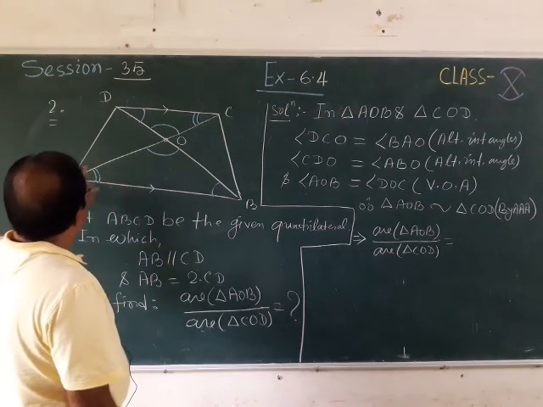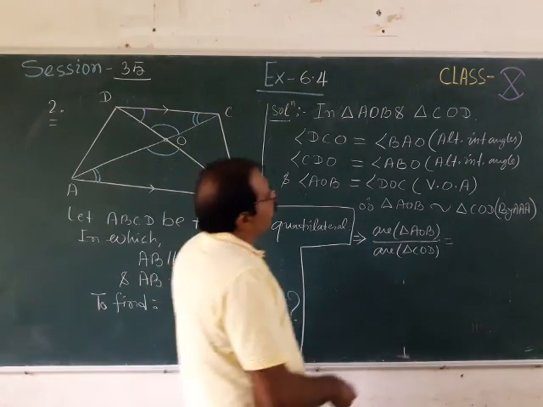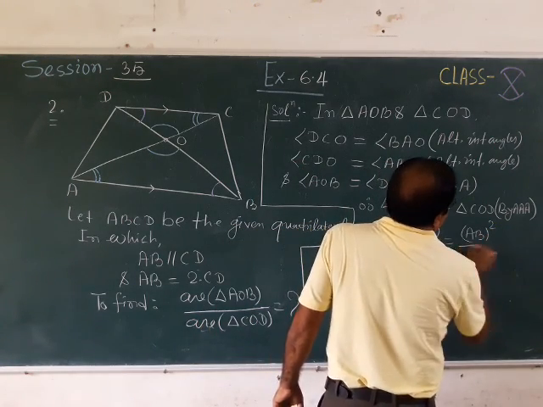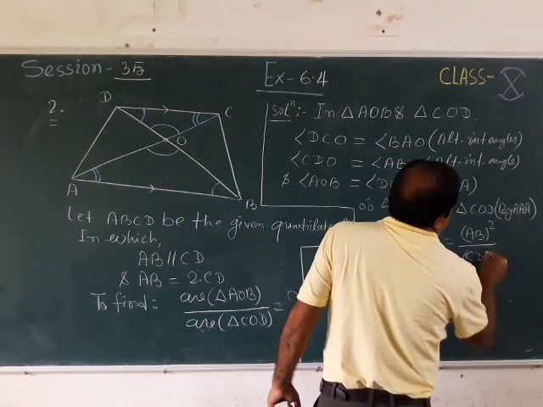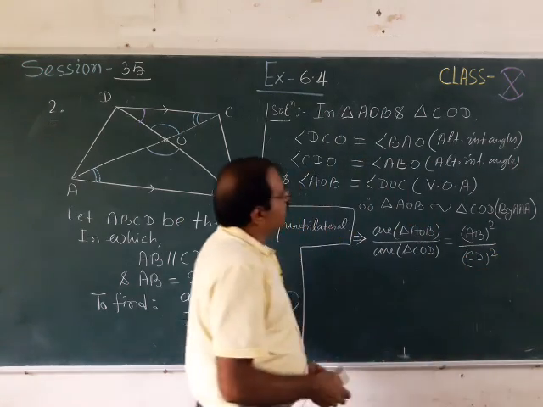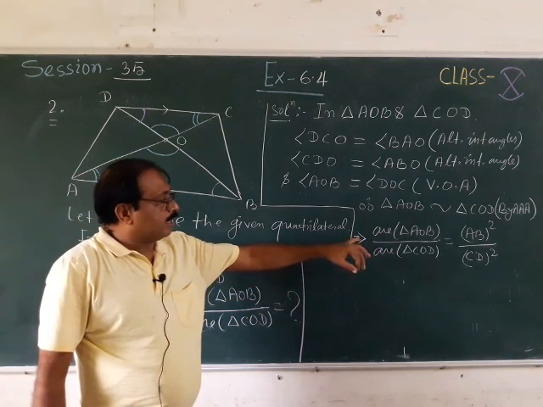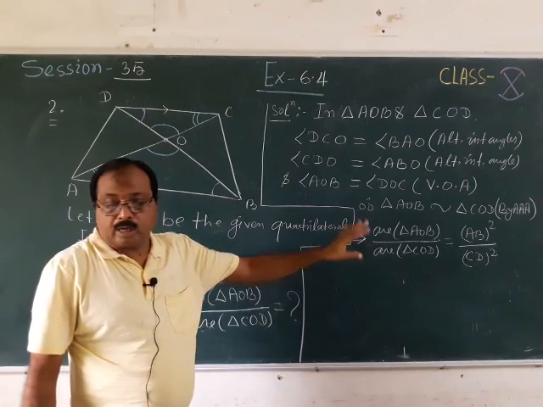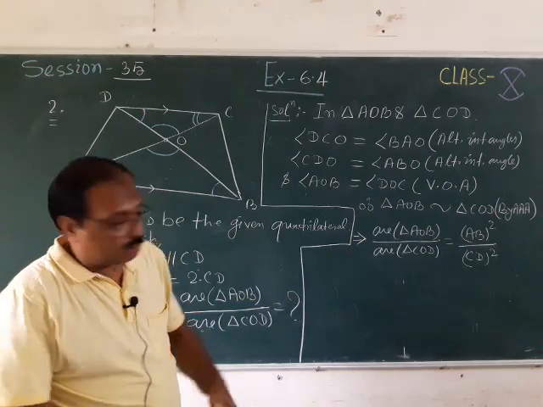In triangle AOB, the side is AB. That means it will be equal to AB square upon CD square. The ratio of the areas of triangles AOB and COD will be equal to AB square upon CD square.